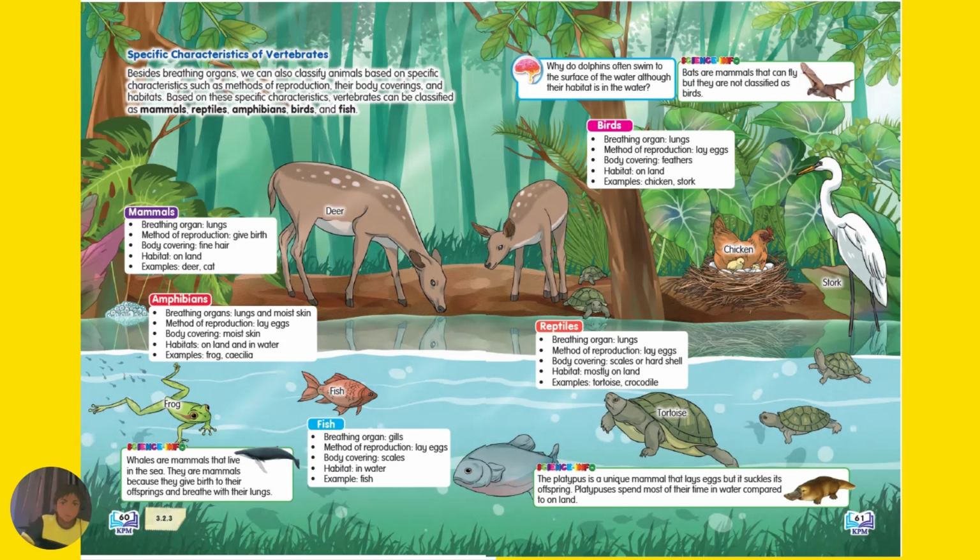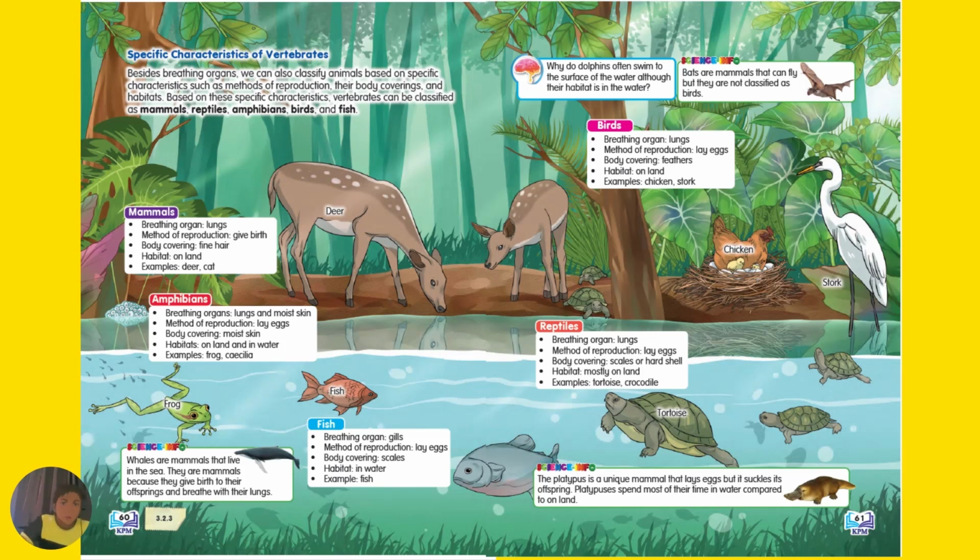What is amphibians? Apakah itu amphibia? Dalam bahasa Melayu kita panggil amphibia. Amphibians have breathing organs such as lungs and moist skin. All the amphibians have lungs and moist skin. Kalau dah tahu lungs and moist skin, dah tahulah haiwan apa.